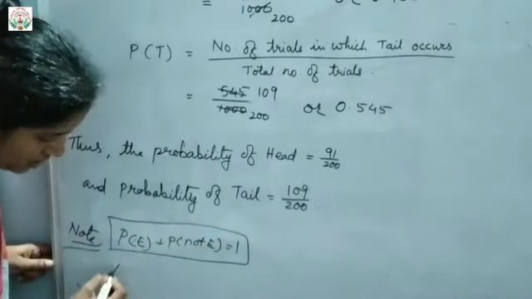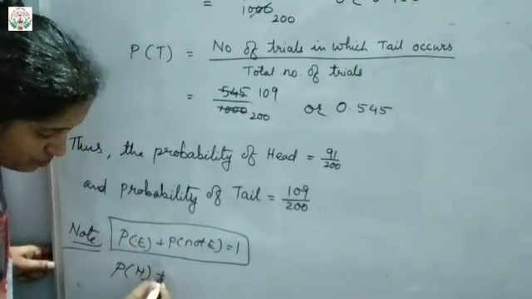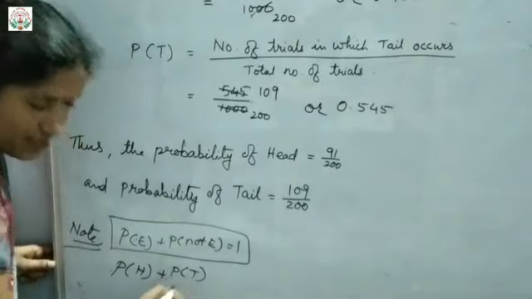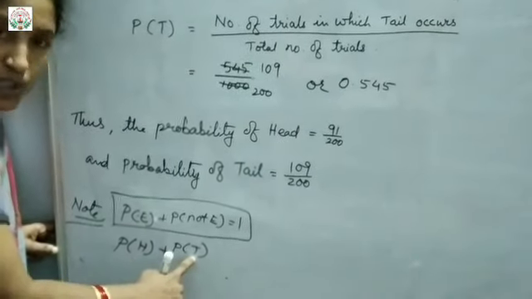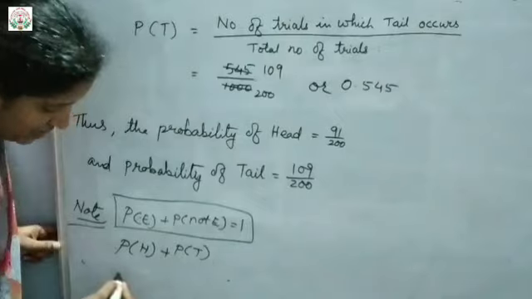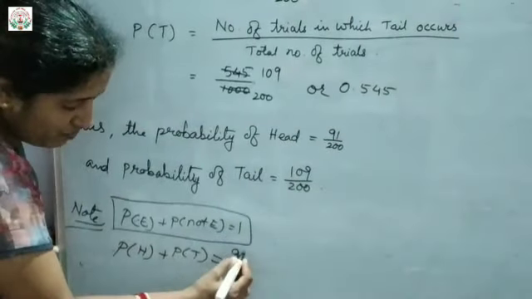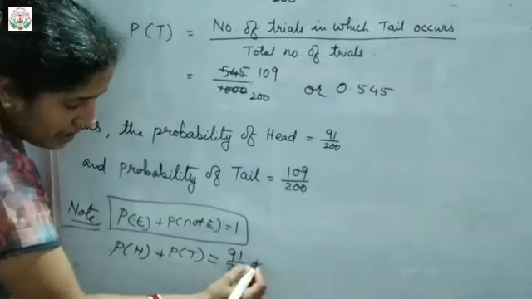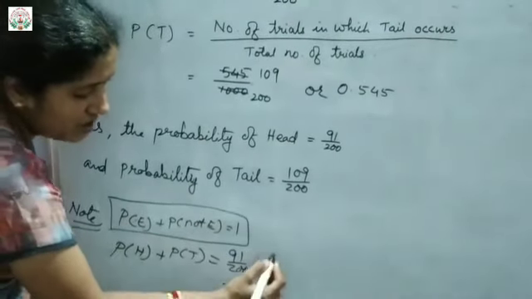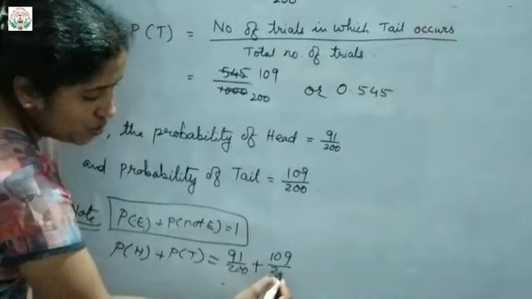Here probability of head and probability of tail added is P of H plus P of T. You put the value of each one. Probability of head is 91 upon 200, and probability of tail is 109 upon 200.